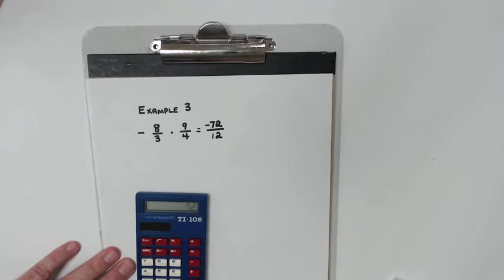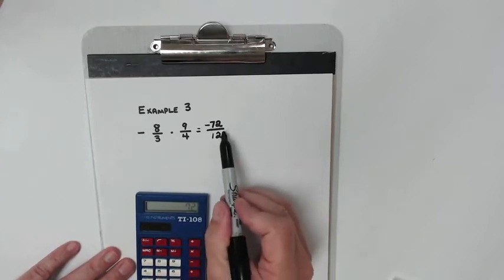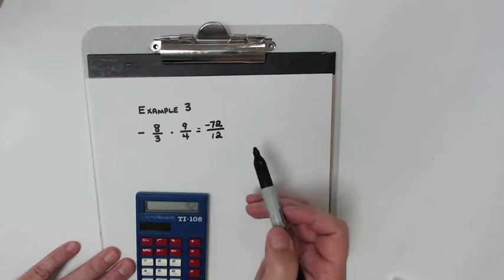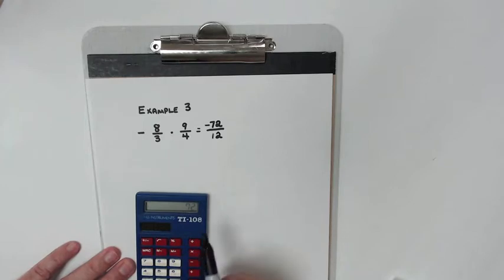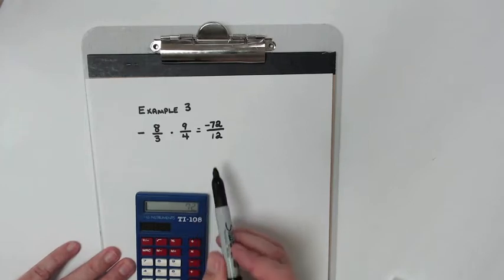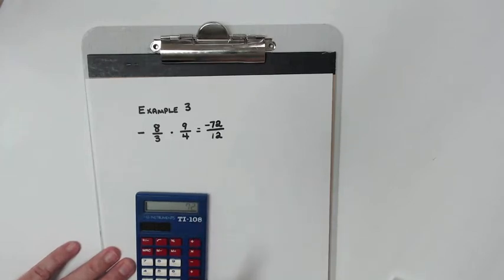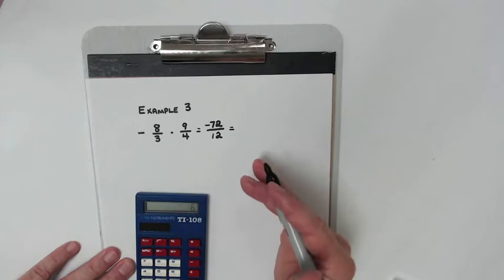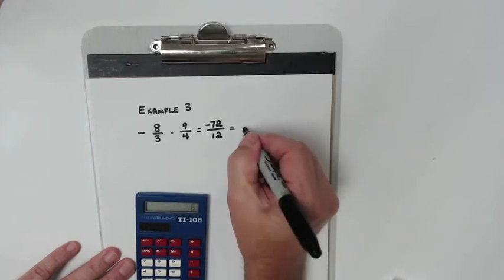Another thing we need to remember before we try to simplify this: a fraction is a division problem, and I need to see whether or not I can actually divide those numbers. So let's try that. I already have 72 in my calculator. I'm just going to try and divide it by 12. Divided by 12. Look, I get a whole number. That means I don't have to go through the process of simplifying this fraction.